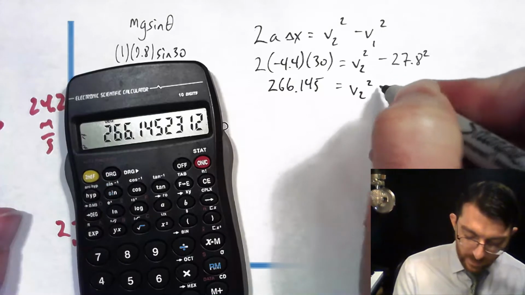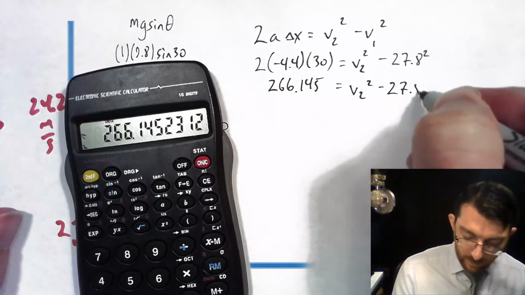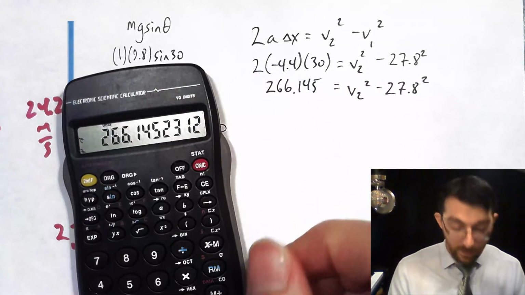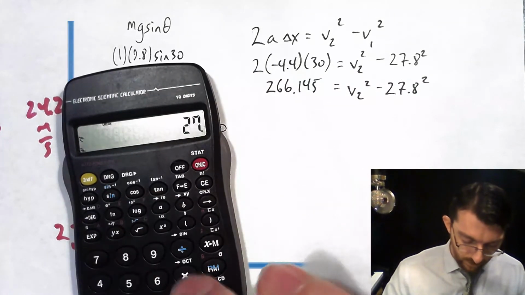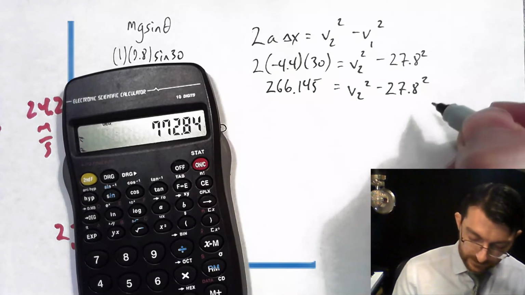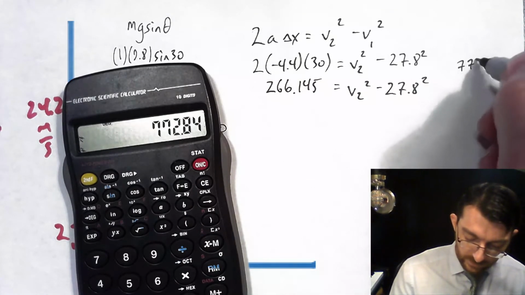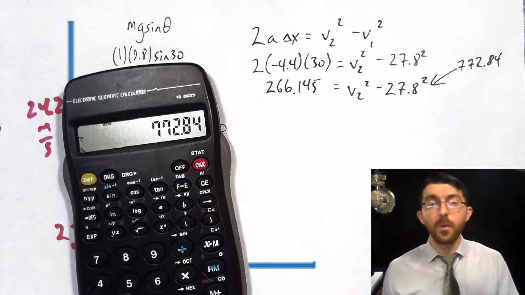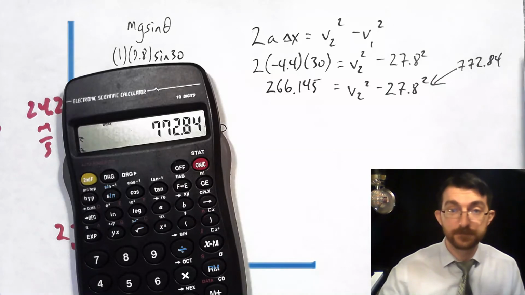Equals v2 squared minus 27.8 squared. Oh, I should find out what 27.8 squared is, right? 27.8 squared is 772.84. So this is 772.84 right there. So I should add that to both sides.